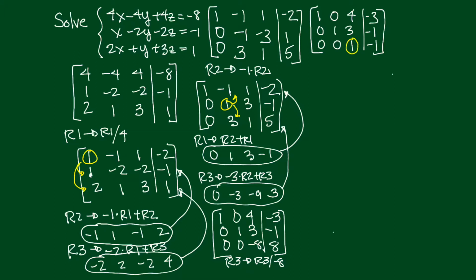And the idea will be to use that 1 in the row 3 with row 1 and row 2 to convert the 4 and the 3 to zeros. So let's convert this 4 to a 0 by using our opposite idea. Take the opposite of that number, multiply it through the pivot row.